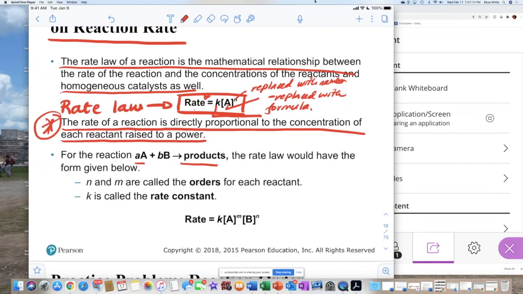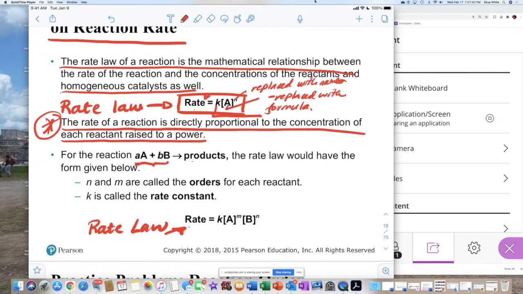Since we are fixating on the reactants and ignoring the product, even though they are formed, we just leave product as the word product to communicate that we are only focusing on the reactants. So when you're given an example like this, where A and B are reacting to form a product, if you were asked to write the rate law, you will write it like this. The rate law will be written like this.